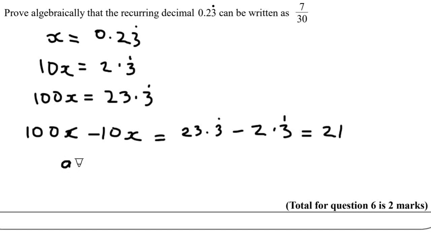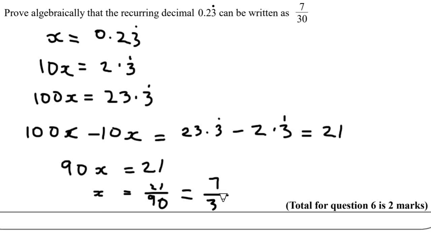So that means 90x is 21. So x will be 21 over 90, and we can simplify this by dividing by 3, and that gives us 7 over 30.